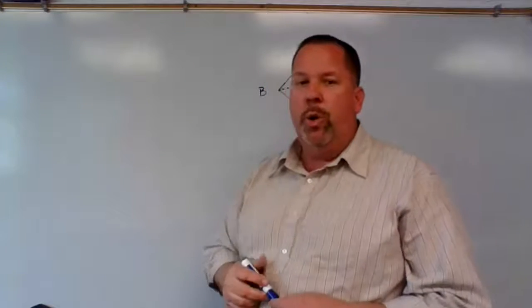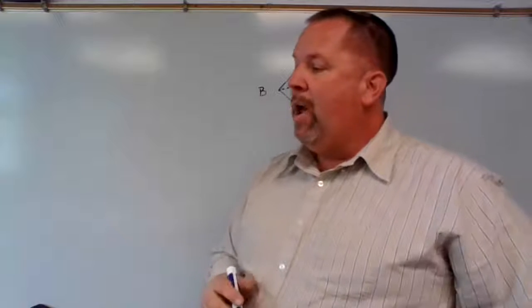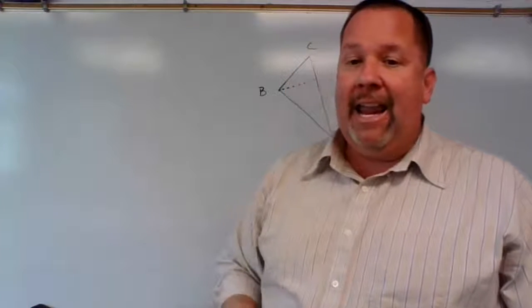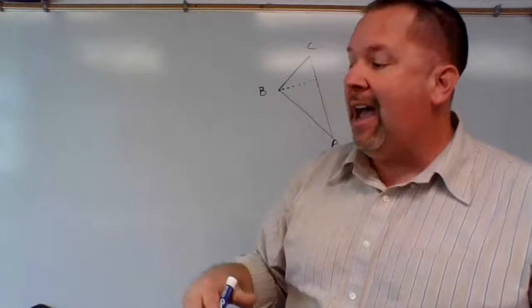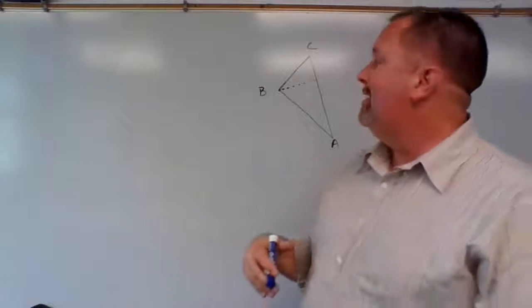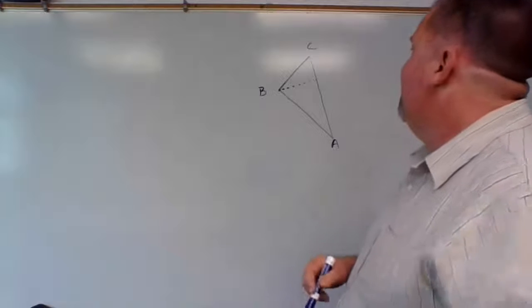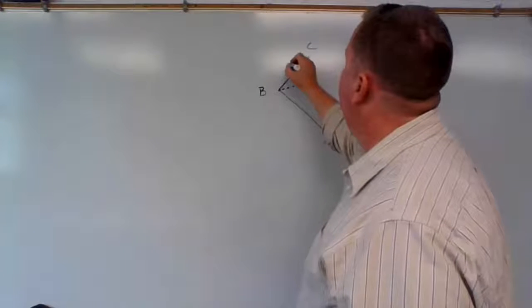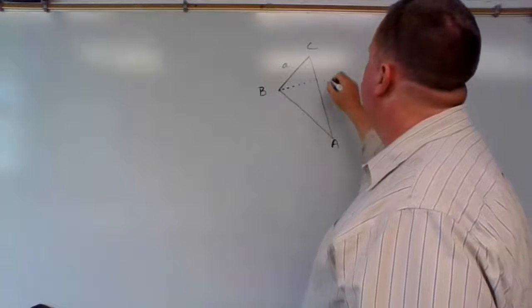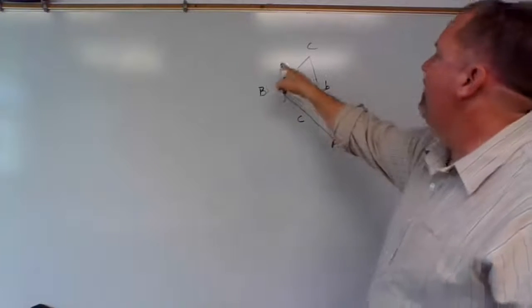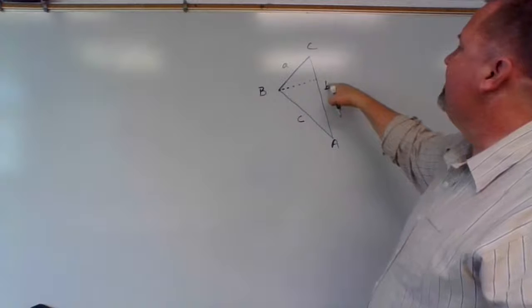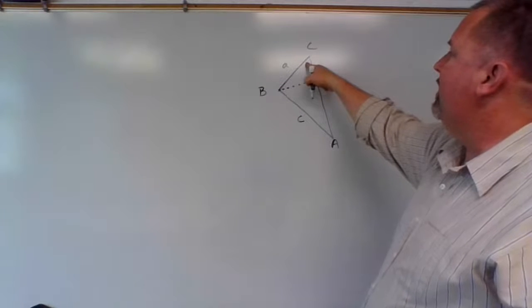It's there on your notes, so I won't rewrite it. Area is 1/2 side A times side B times sine of angle C. Okay. In this case, this would be side A, and this would be side B. This would be side C. So it's 1/2 this side times the angle in between.